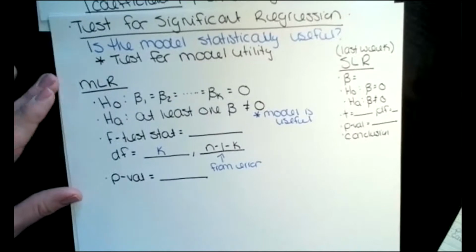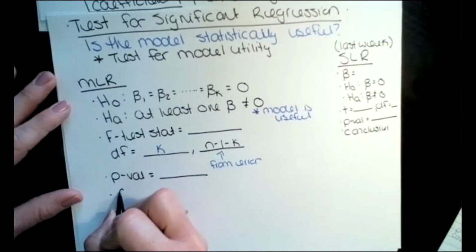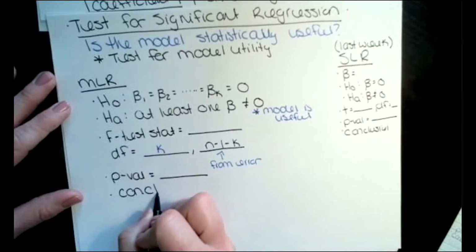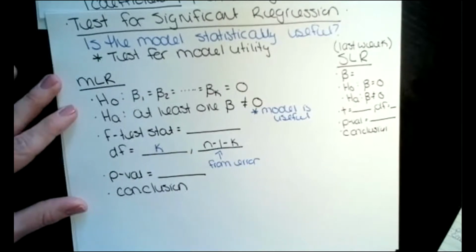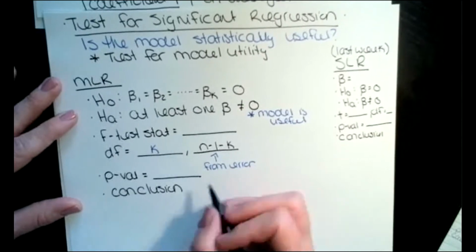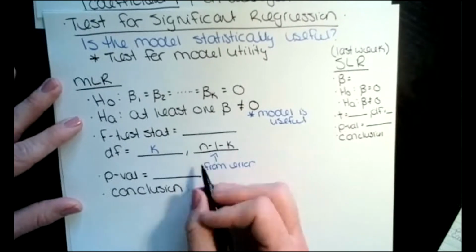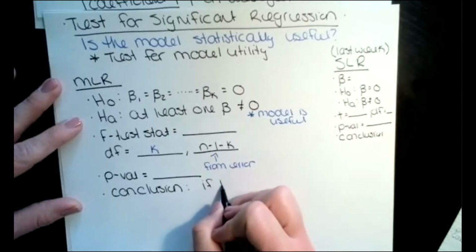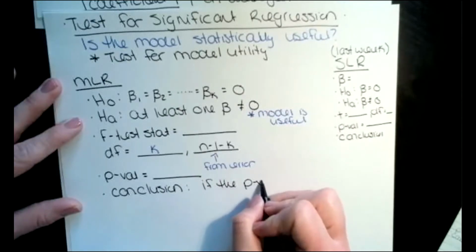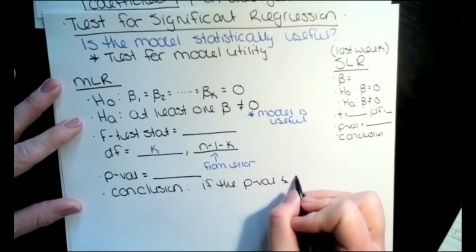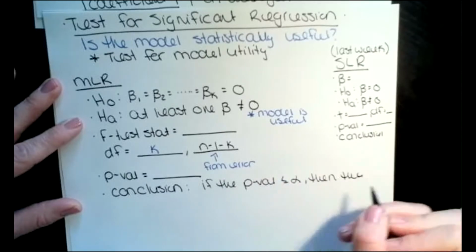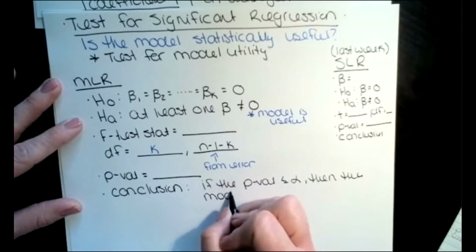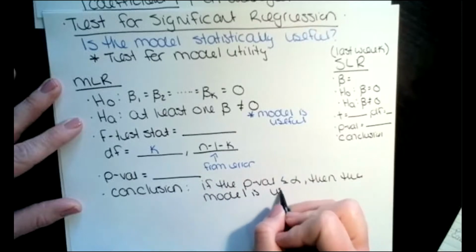There's not a lot to write up here. The conclusion is the same conclusion as last class. So it's about if the model is useful. So I'm just going to write it right here. So if the p-value is less than or equal to my alpha, then the model is useful.